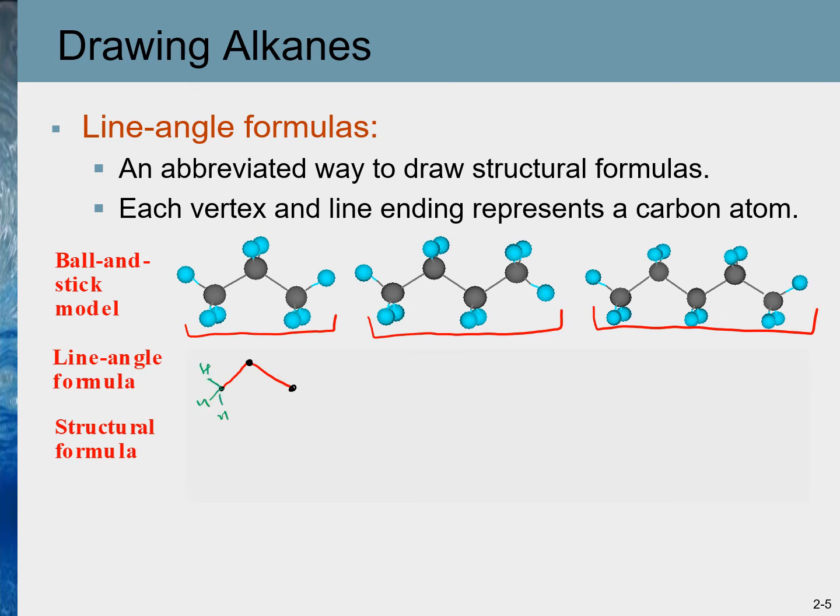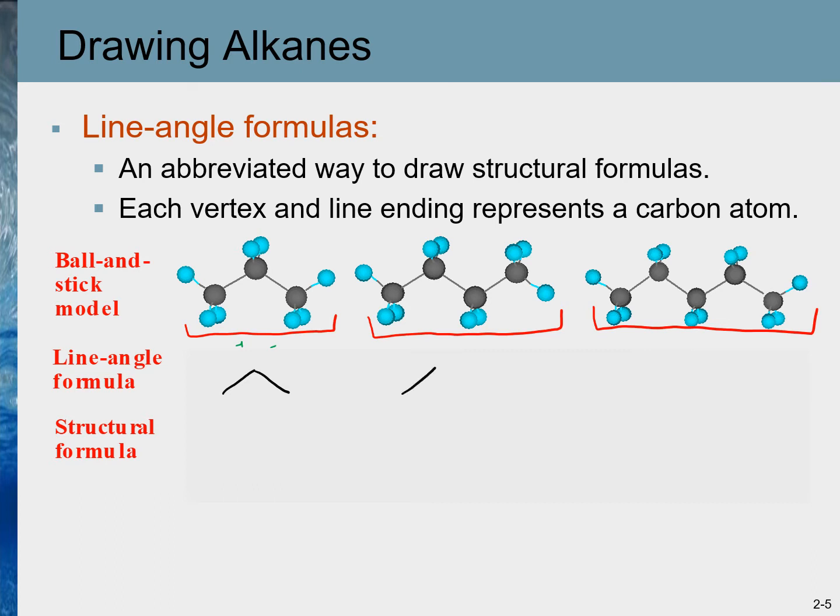And similarly, the middle one is already bonded to 2, so it's understood that 2 more hydrogens are there, but those are not represented. So this kind of structure is known as line angle formula. For a 3 carbon long chain, this will be the line angle formula.